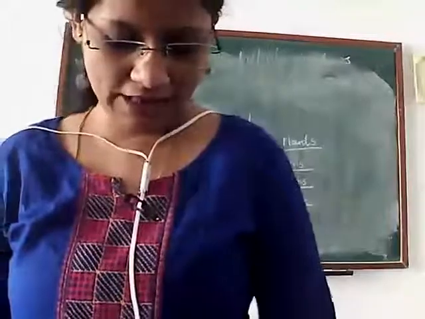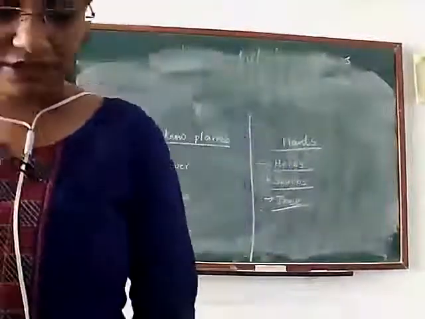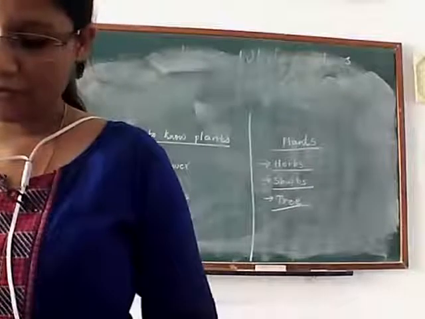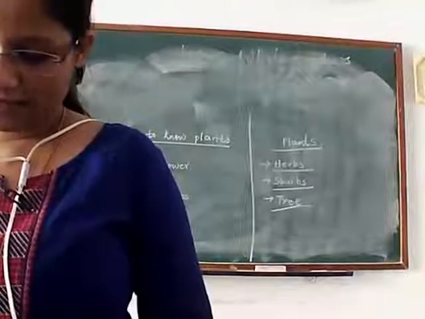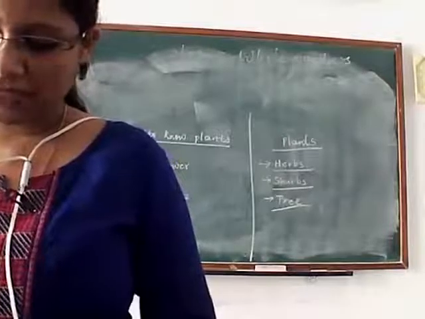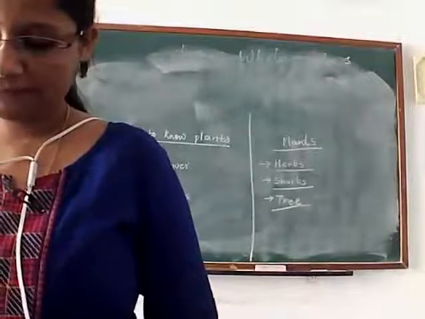We have an activity. Look closely at the stem and branches of the plants. Now, plants are of different types. Their stems will be of different types, their roots will be of different types, and their leaves will be of different types.